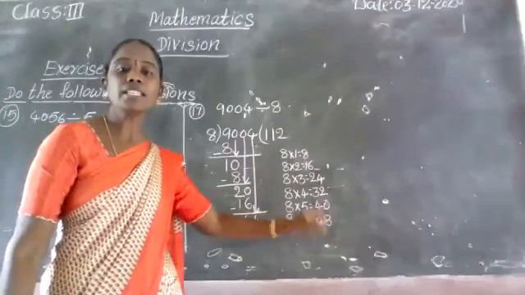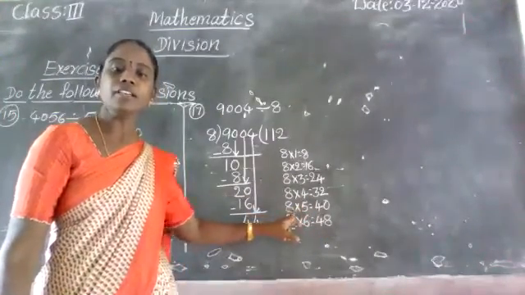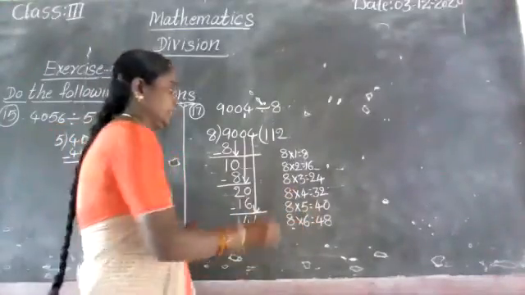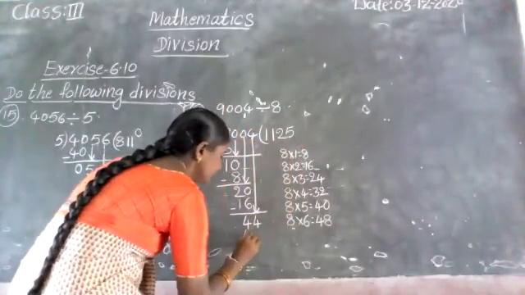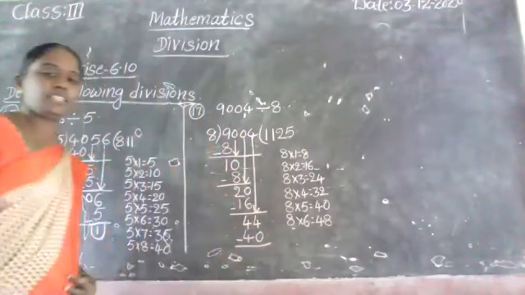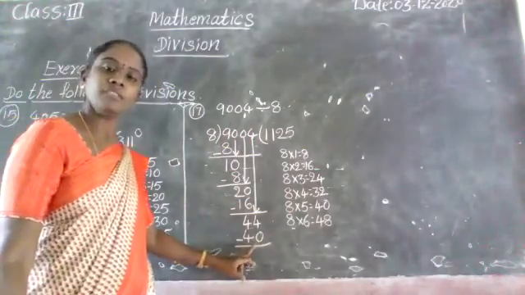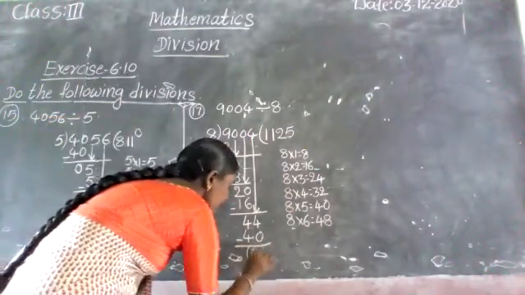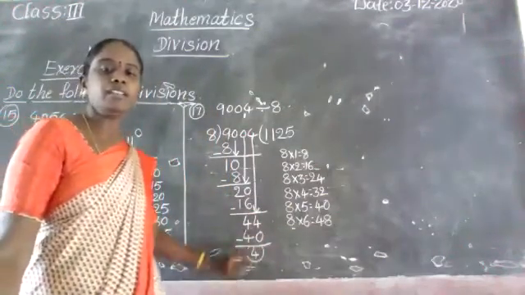Take 40, not 32. 8 fives are 40. Write 5. 44 minus 40. What is the difference? Very good. 4. Here 4 is the remainder.